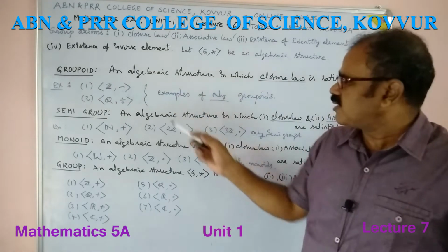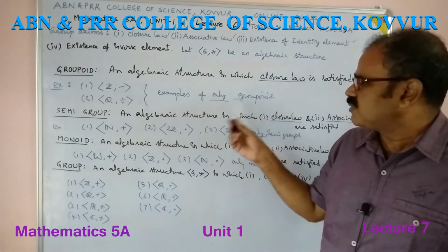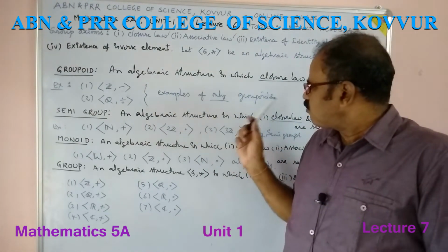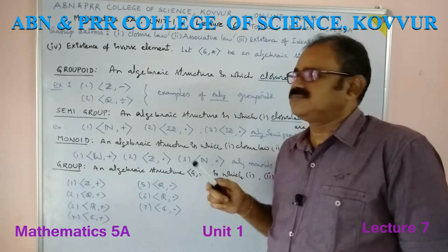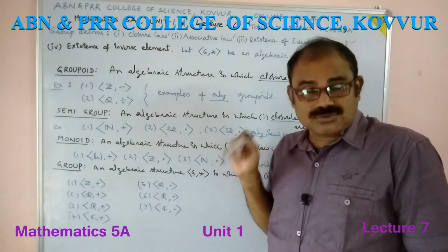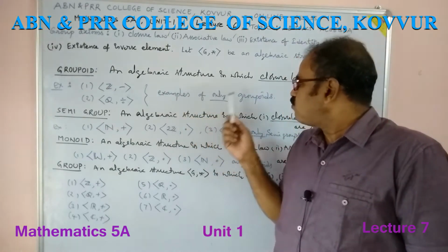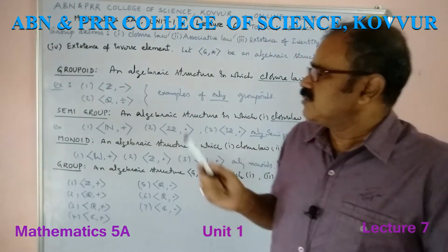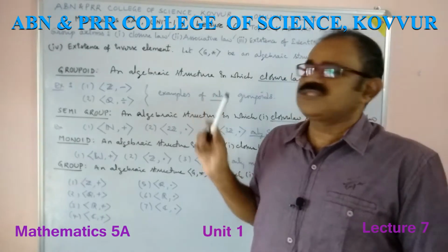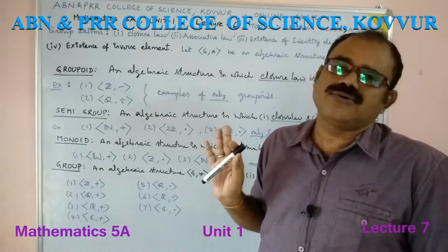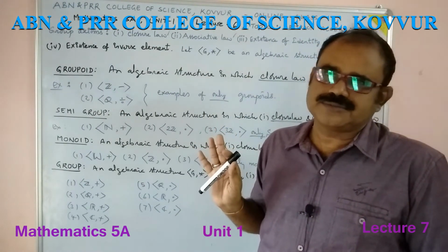So, these two are examples of only groupoids. These are not the only two examples, there are several examples. These are the examples of only groupoids, those which satisfy closure law only, right.